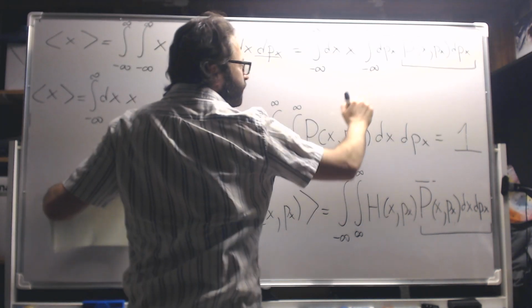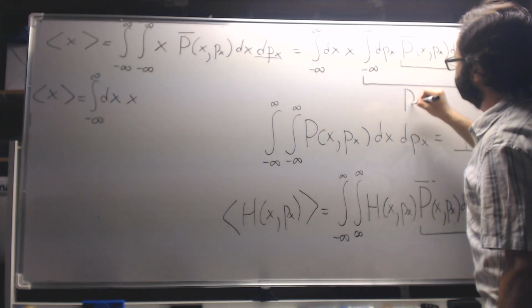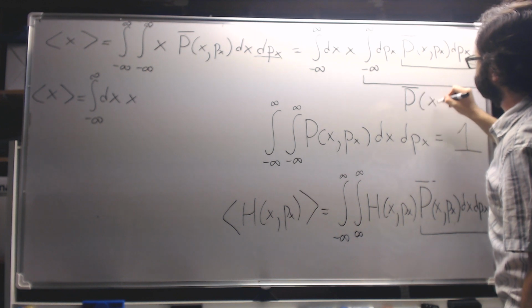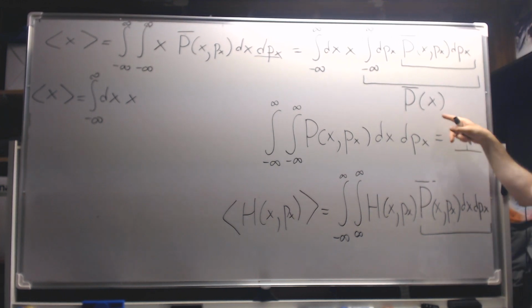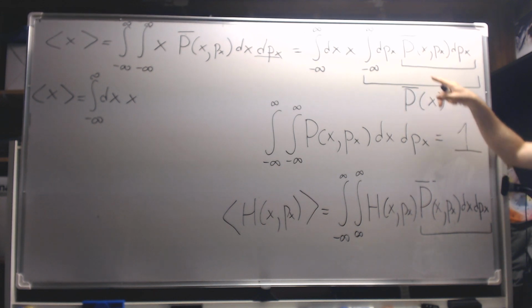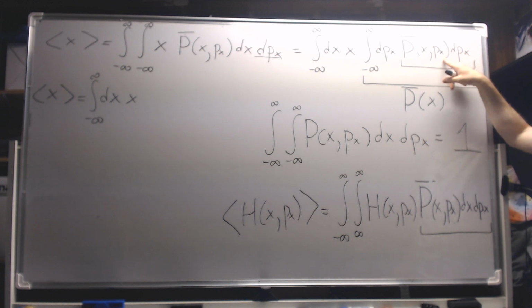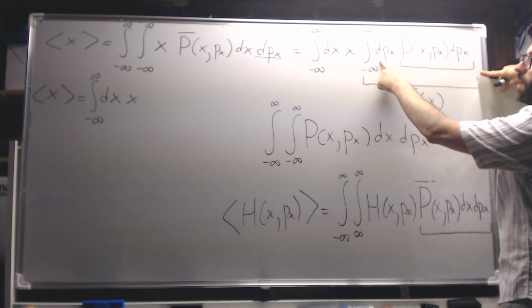Now the result of this integral is the probability density that the particle has some position x independent of the value of momentum. The reason being that we have summed over all the possible values of momentum.